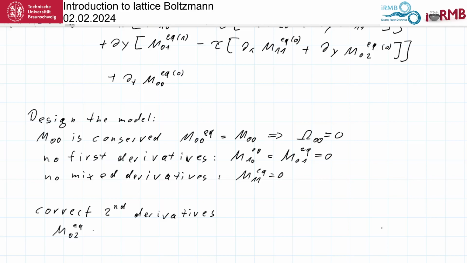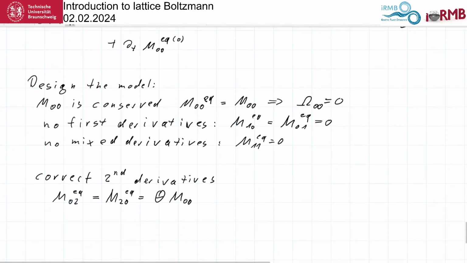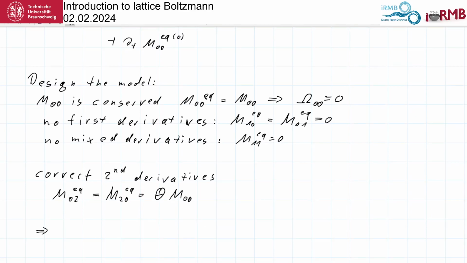M02 equilibrium is equal to M20 equilibrium, which we put to theta. So we want to make it proportional because there should be a derivative of C, and C is M00, right? So we put this proportional to C, so M00, and we'll have a constant that we have to specify. Let's then put this into the equation.